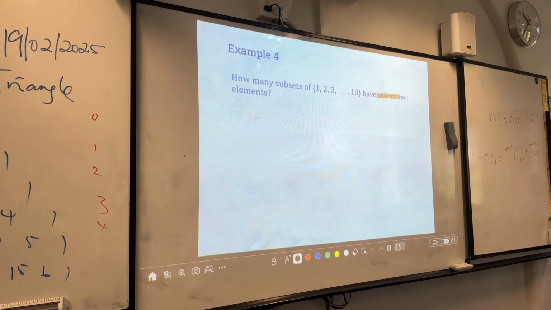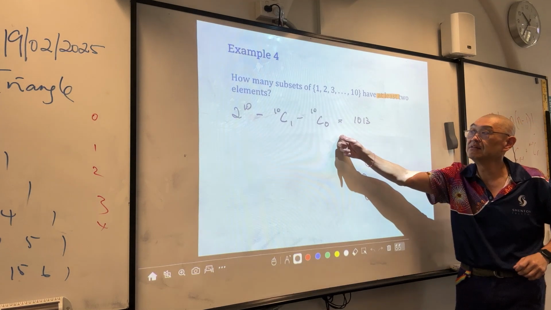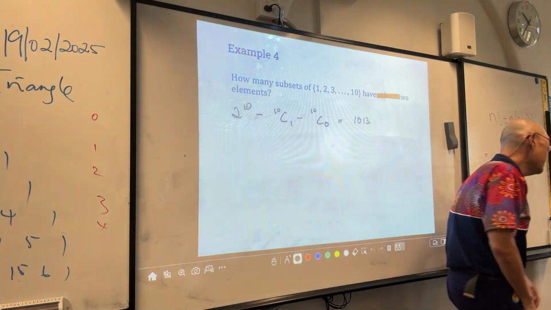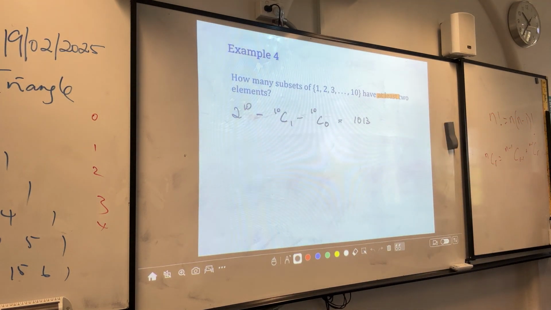So you know that you've got to take away the null set and the subsets with 1 element. 2 to the 10 subsets you have overall, including the null set and the subsets containing 1 element. If you think about this book, it's 1 book, and the null set is no book, none of them. So therefore it's 1,013. Again, use complement.